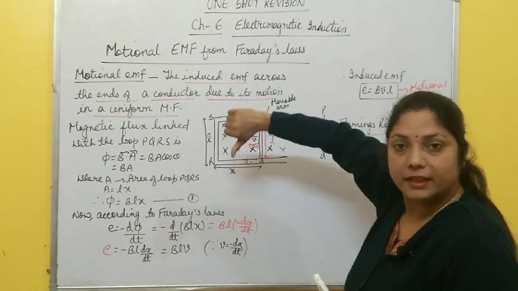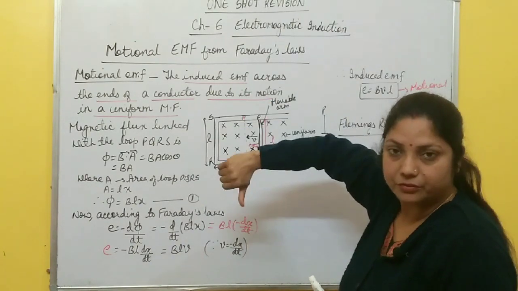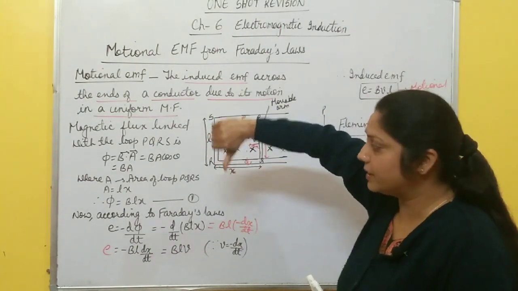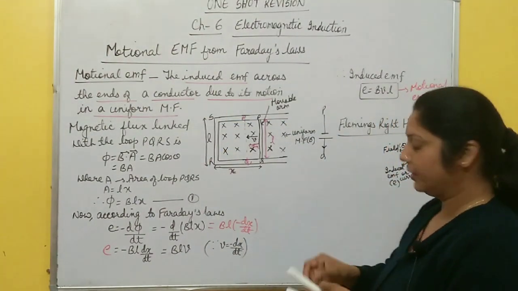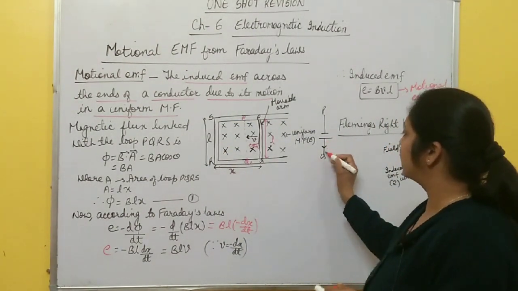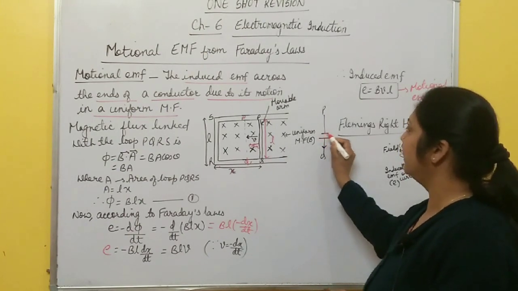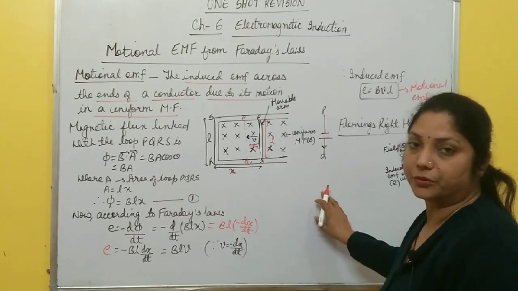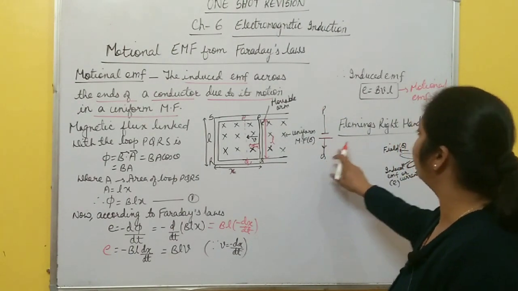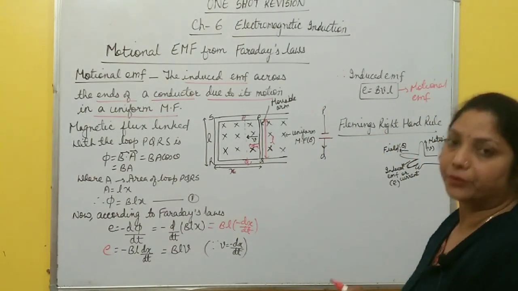Then the thumb is in which direction? Downward. It means the direction in which the thumb points gives the positive terminal of the battery, right? So this side is the positive end and this side the negative end, and the current flows from P to Q. This direction is also given by Fleming's right hand rule.